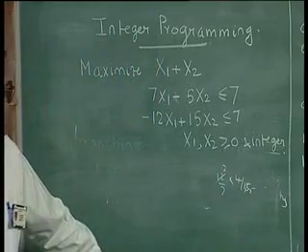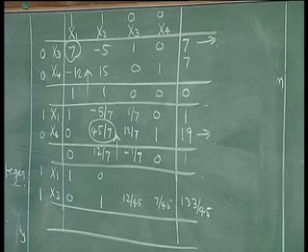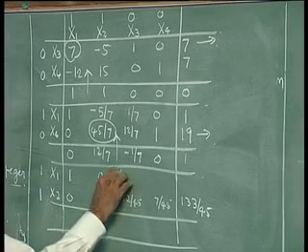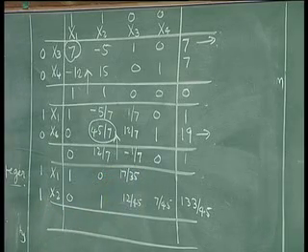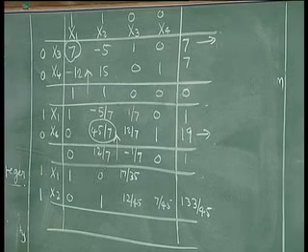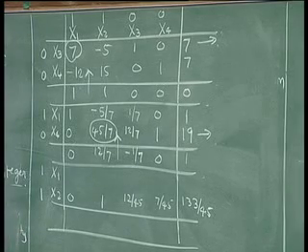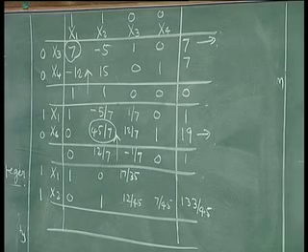So, 1 by 7 plus 12 by 35 is 17 by 35, and you get something else here, minus 5 by 7, 1 by 7, 0, 12 by 7.